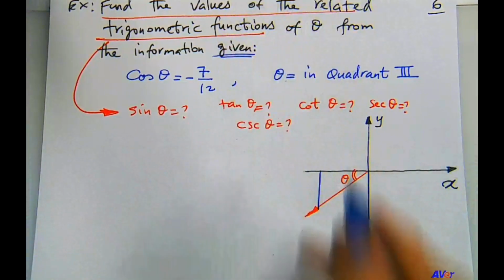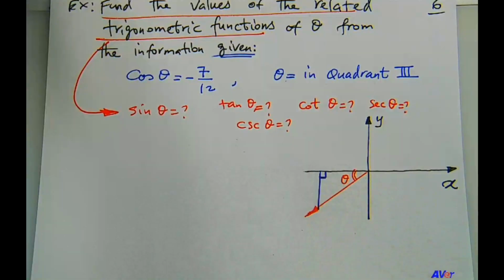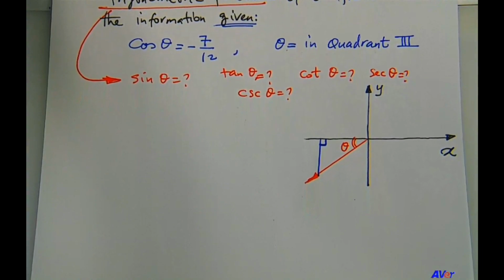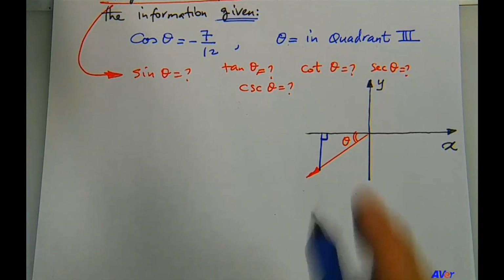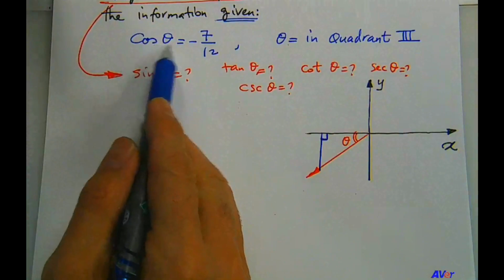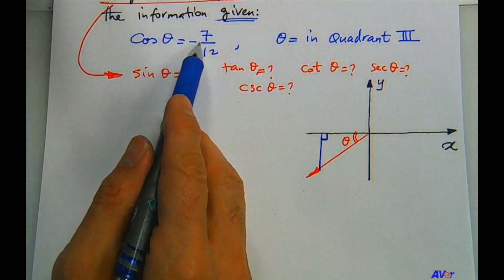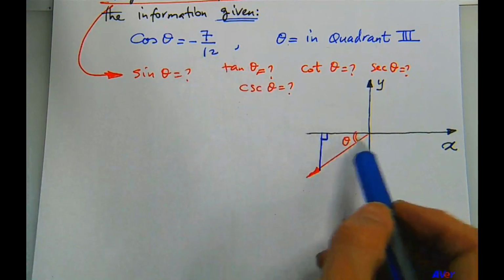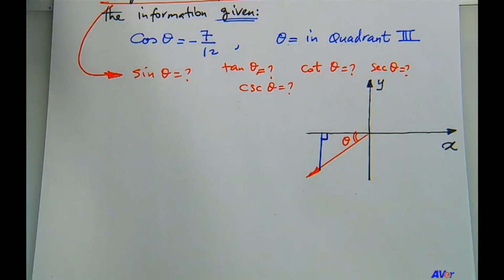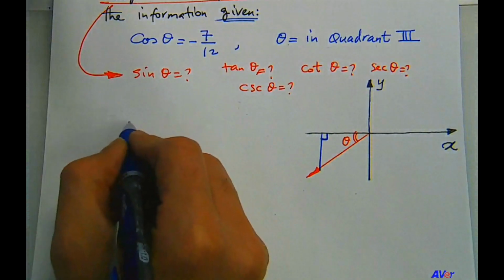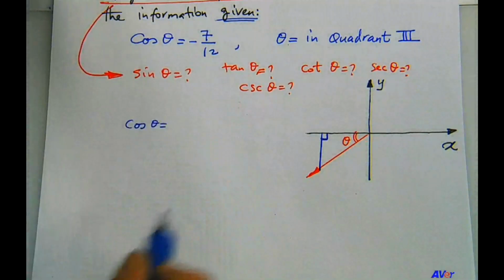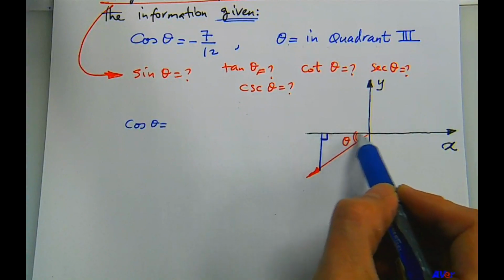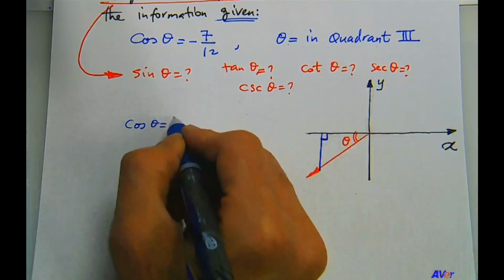Like this. Okay, so if cosine of theta is equal to minus 7 over 12, does this make sense? Let's see. Well, cosine of theta, I'm going to write this down. Cosine of theta is equal to the adjacent over the hypotenuse.